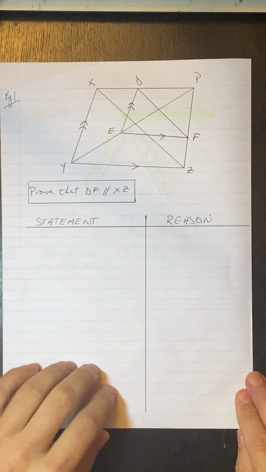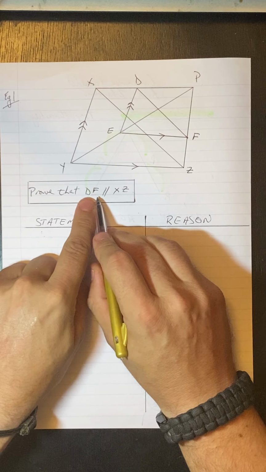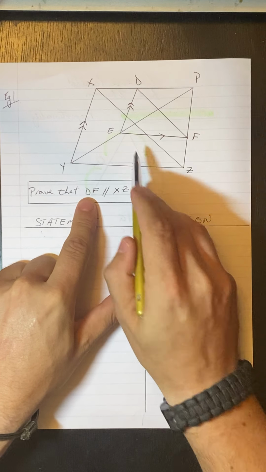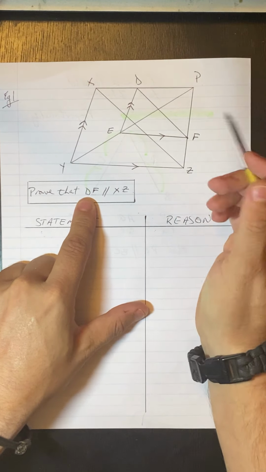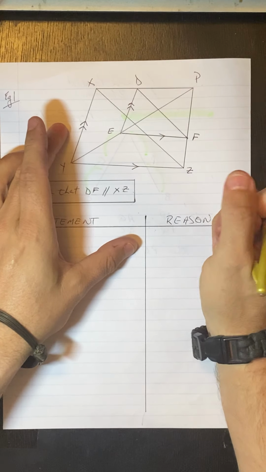Example 1 is saying we have to prove that DF is parallel to XZ. I'm just going to jump ahead a little bit and see how we're going to do this.